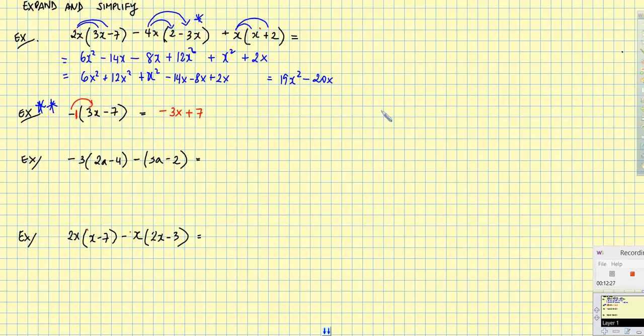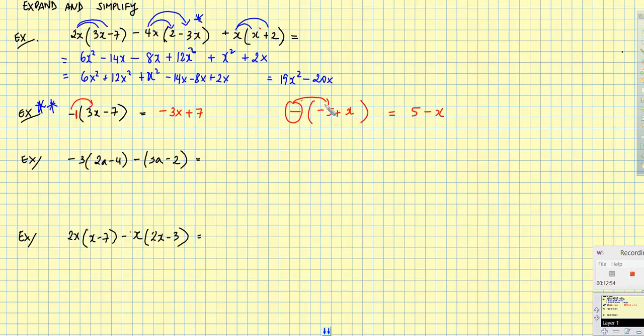So the moral of the story is basically that if you have a negative outside of a parentheses, so minus 5 plus x, for example, as soon as you see the negative on the outside, you automatically know that you're going to be changing the signs of everything within the parentheses in order to get rid of that parentheses. So this would go to 5 minus x.